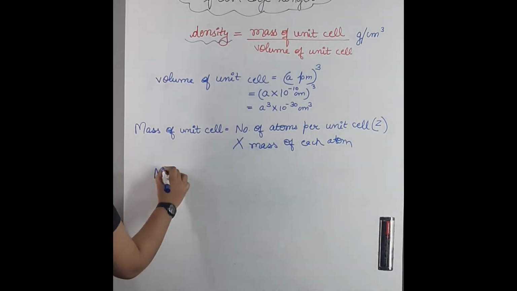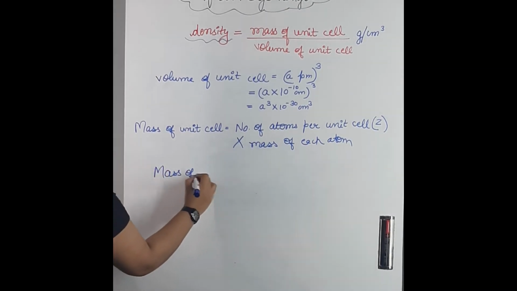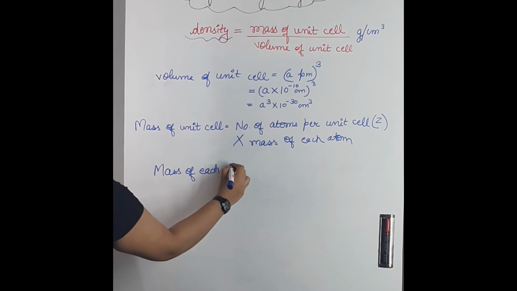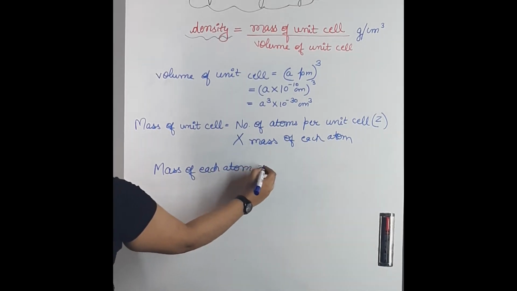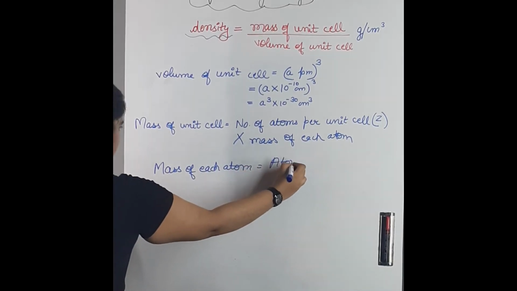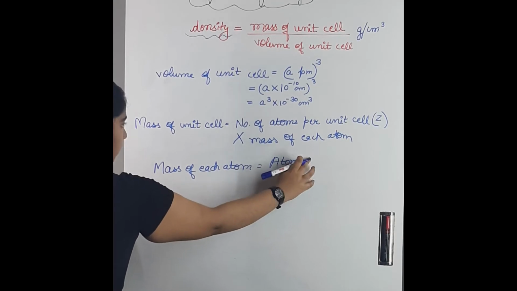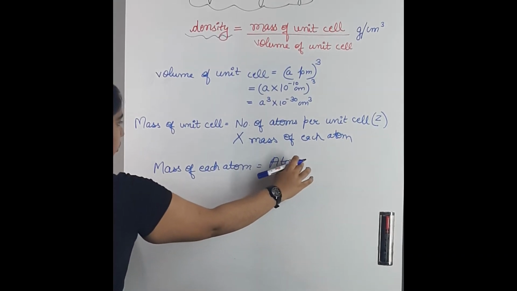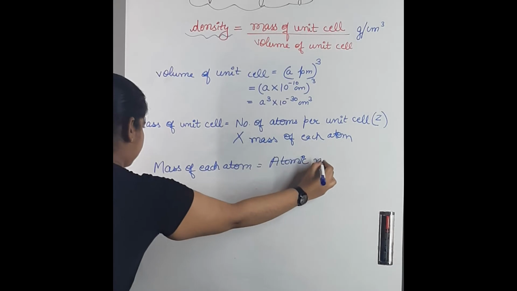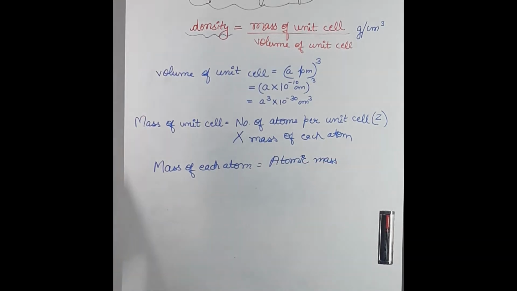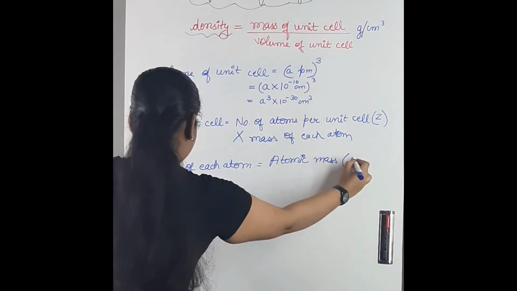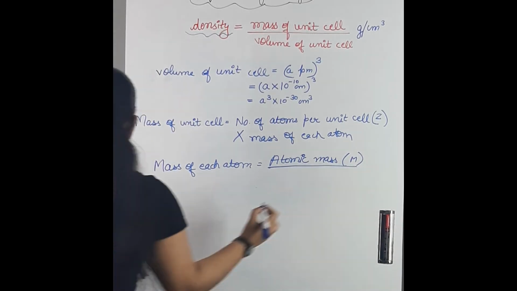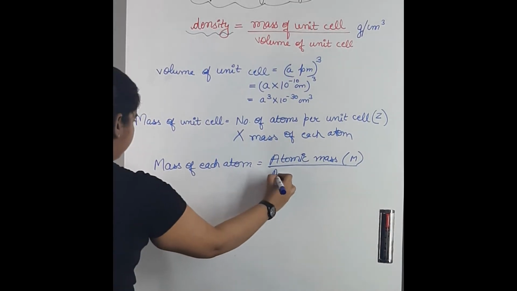and mass of each atom is equal to atomic mass m divided by Avogadro number.